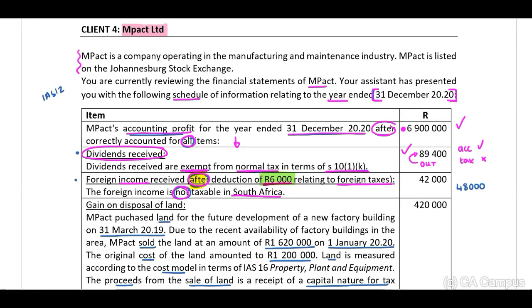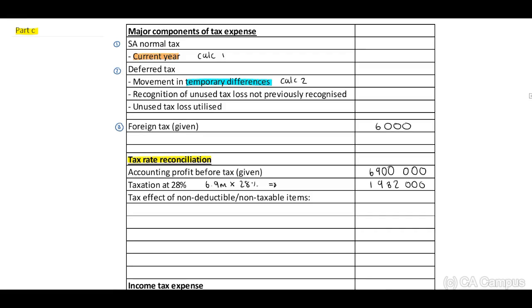Now, look at this, guys. What happens here? For accounting purposes, they've included the 42,000. But for tax purposes, this 48,000, which is the total income, is not taxable. Now, what do we need to do here? We need to take this out because we've already included the 6,000 in our income tax expense.